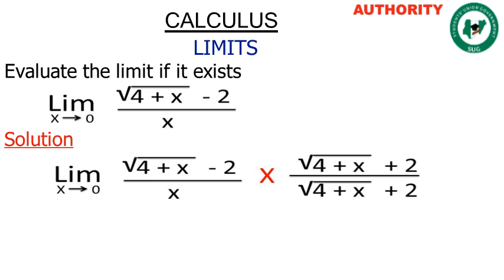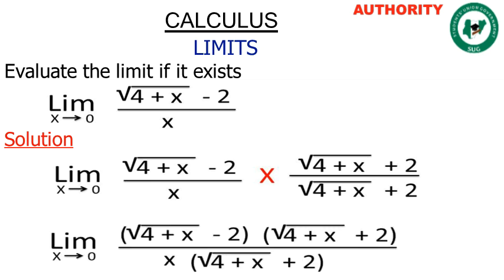We are going to have lim as x approaches 0, square root of 4 plus x minus 2 in bracket, square root of 4 plus x plus 2 in bracket, all over x, square root of 4 plus x plus 2 in bracket.